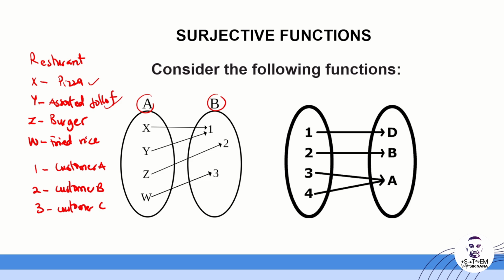Customer 2, which is customer B, decided to purchase a burger. And customer 3 purchased fried rice.